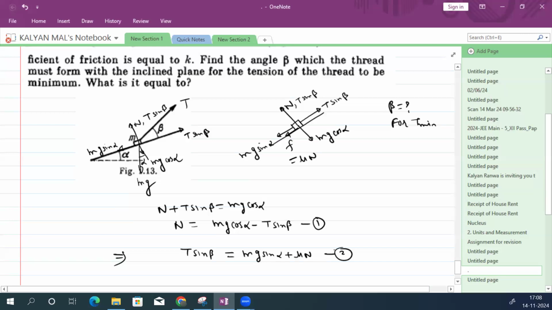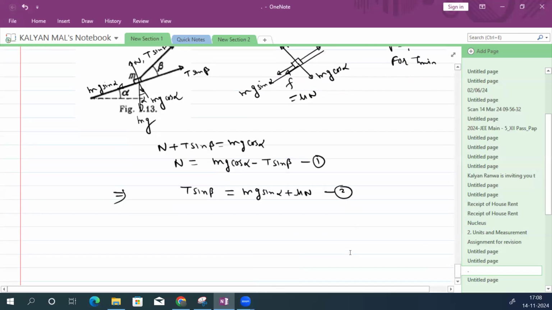First of all, we will eliminate the value of N. So substitute the value of N from equation 1 into equation 2. We will find T cos beta is equal to mg sin alpha plus mu times mg cos alpha.